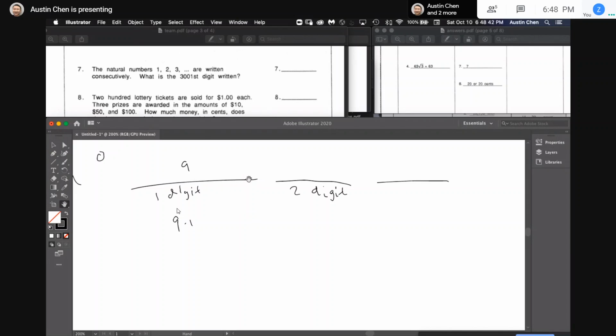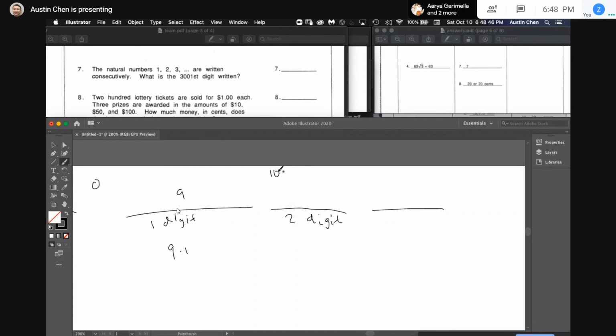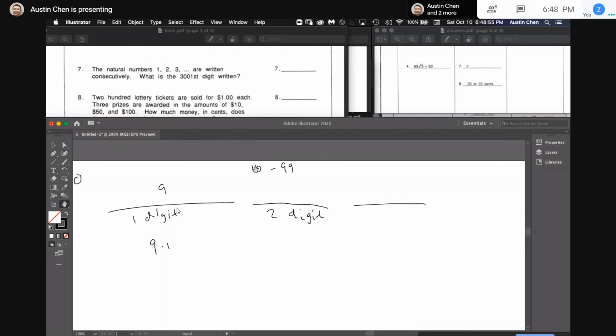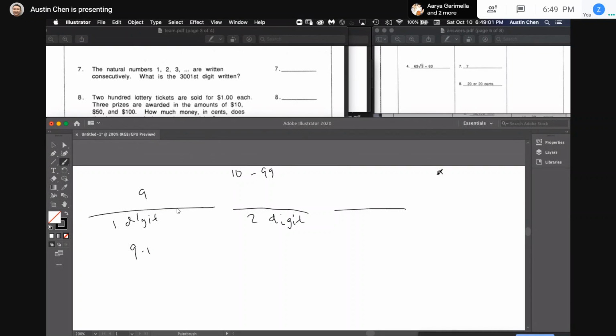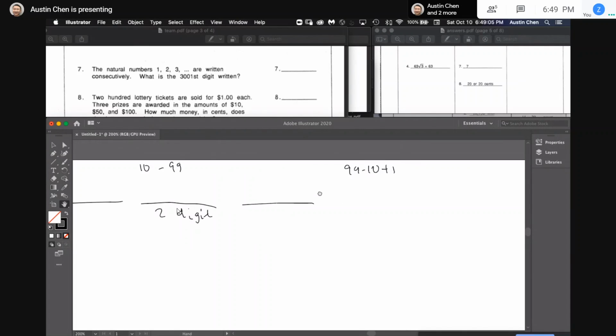And then how many two-digit numbers are we going to have? Well, the first two-digit number is 10, and then we're going to go to 99. That's going to be our highest two-digit number, and this is an inclusive range, right? So the number of numbers in here is going to be 99 minus 10 plus 1, because it's an inclusive range.